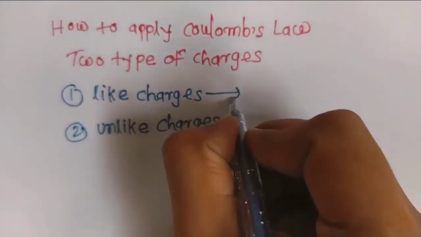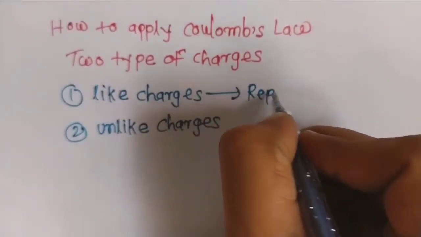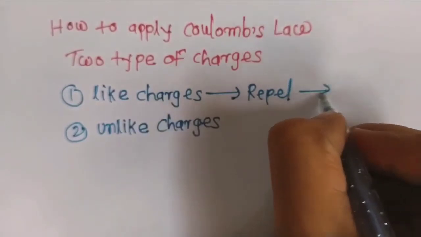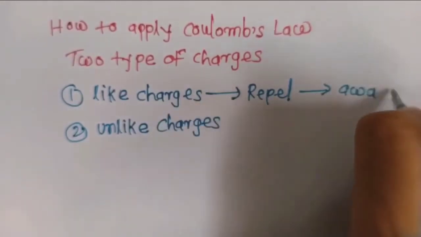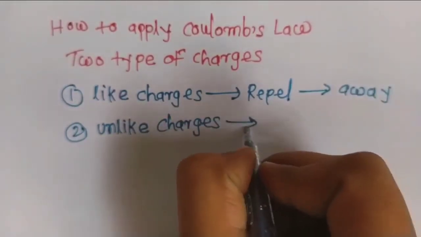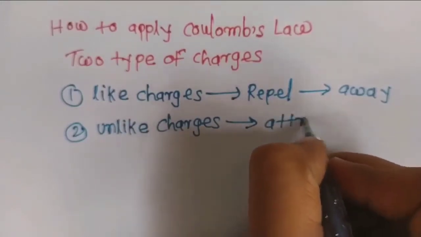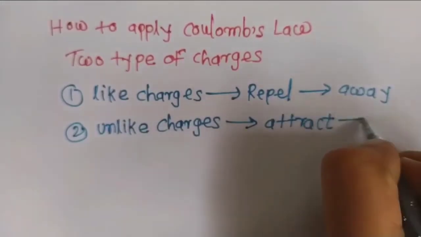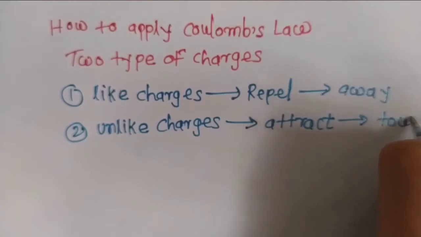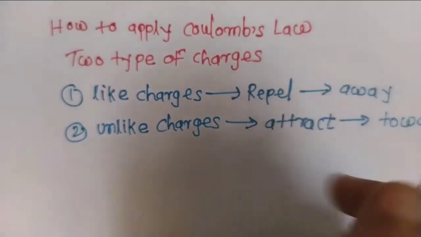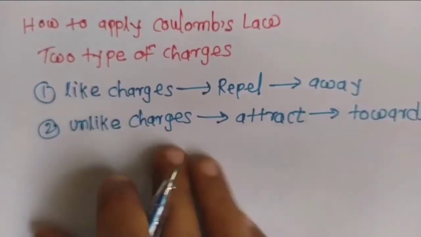Like charges repel each other. That is, like positive positive, negative negative charges repel each other and the direction of the force is away from the charge. Unlike charges attract each other and the direction of the force is towards the charge.